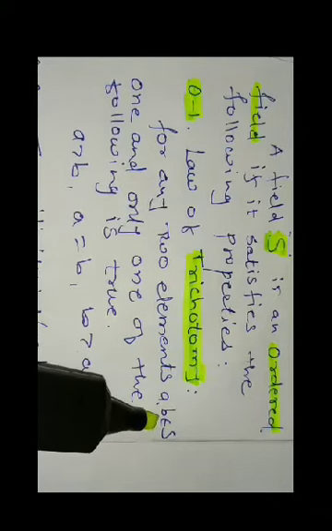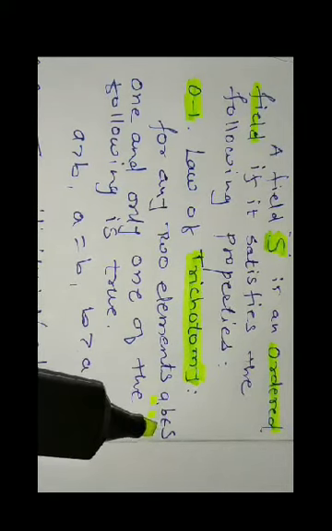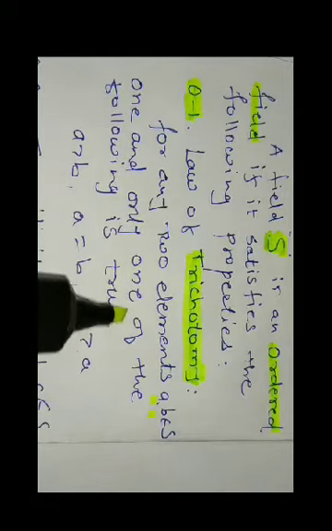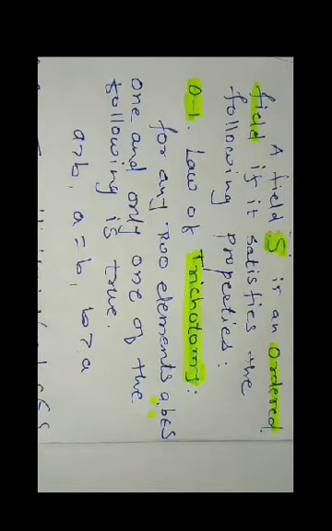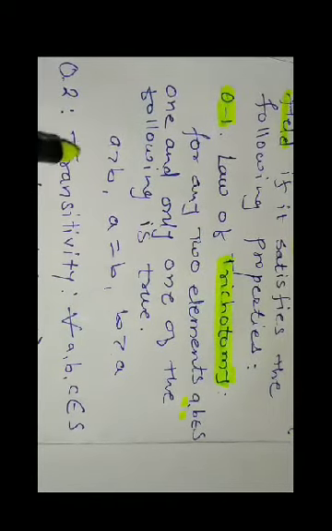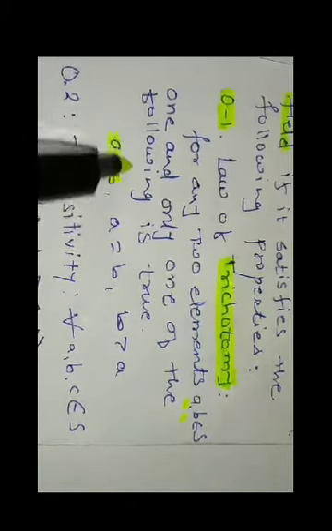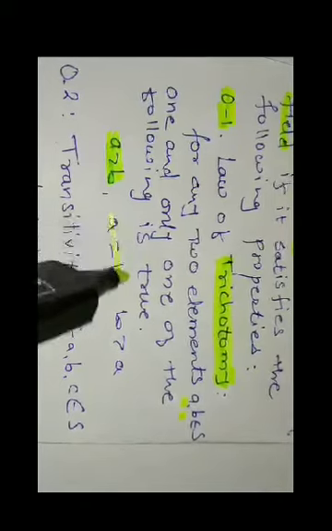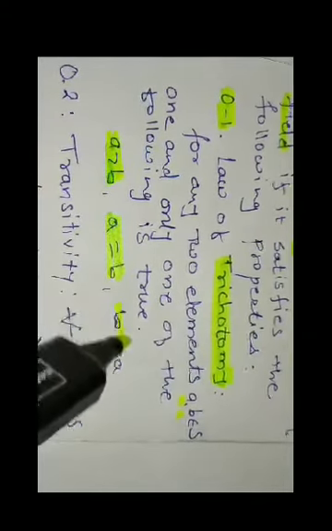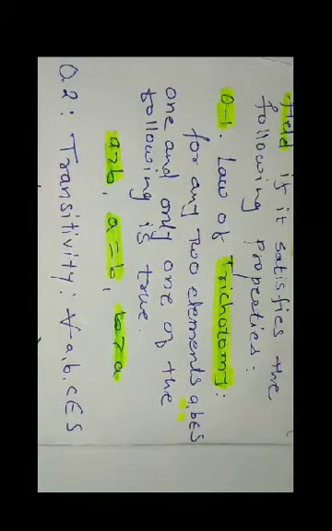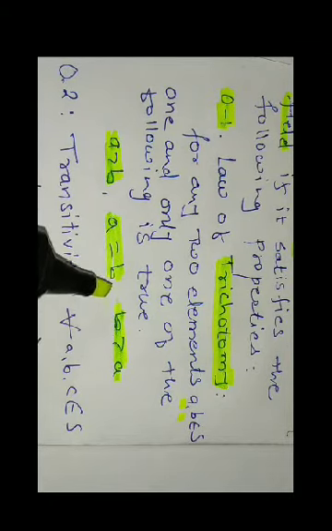If we choose any 2 elements A and B of the field S, then either A is greater than B, or A is equal to B, or B is greater than A. Nothing else is possible.